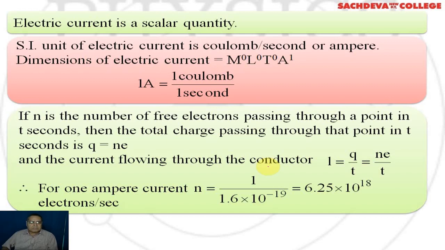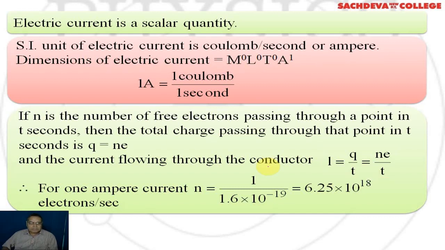If n is the number of free electrons passing through a point in t seconds, then the total charge passing through that point in t seconds is q is equal to ne. This is the quantization equation, where n is the number of free electrons, q is the total charge, and e is the electronic charge. So I is equal to q over t can be represented as ne over t.